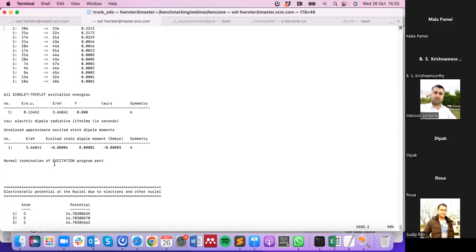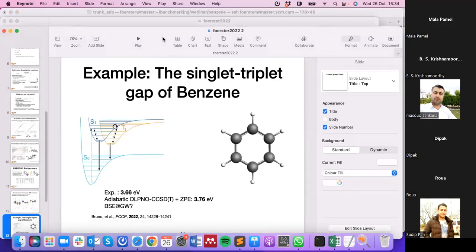And well, perfect, 3.66 eV, right? So that's of course what we were looking for. And that is of course quite fortunate. I mean, in practice, you cannot expect to reproduce experimental results without any error. I guess that's clear. But that just shows you how things work, and that they can actually work very well.